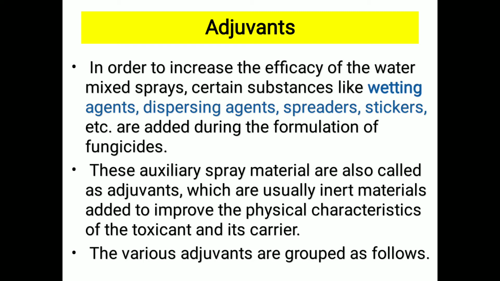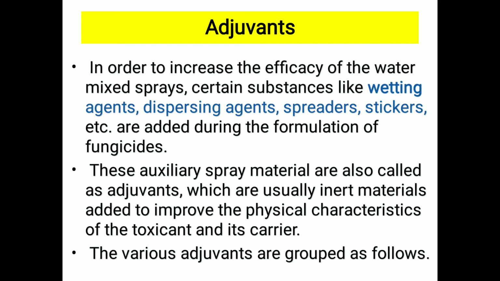As we discussed previously, during the formulation or preparation of fungicides, we add certain substances like wetting agents, dispersing agents, spreaders, stickers, and emulsifying concentrate or emulsifying agent. When such a material is added, the efficiency of the fungicide increases.